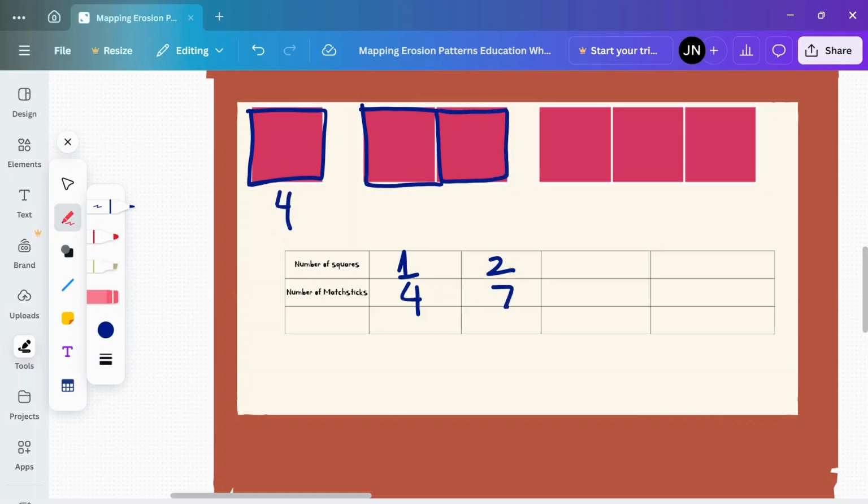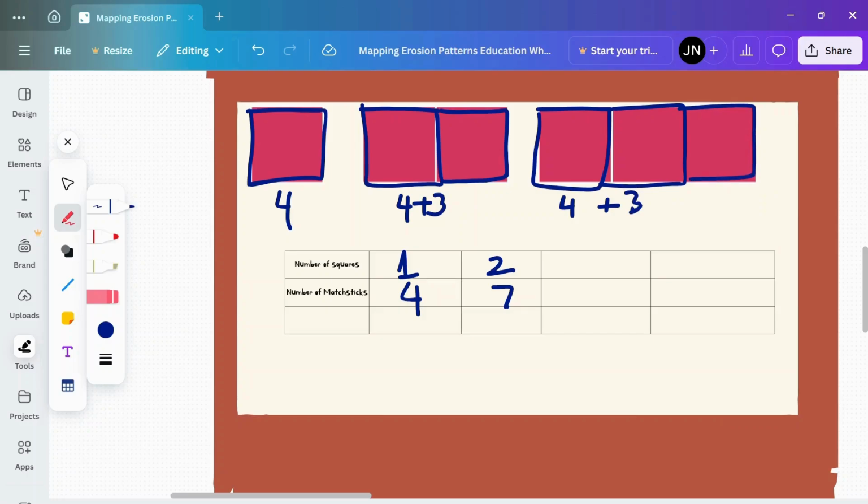So we had 4, then we had 7. Now, if you have to create three squares, how many matchsticks do you think you would require? So let us see. First we had 4, then we added 3, and then we added another 3 matchsticks. So to create 3 squares, we require 10 matchsticks.